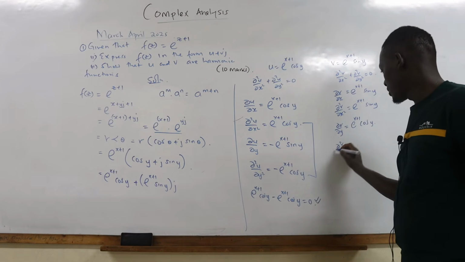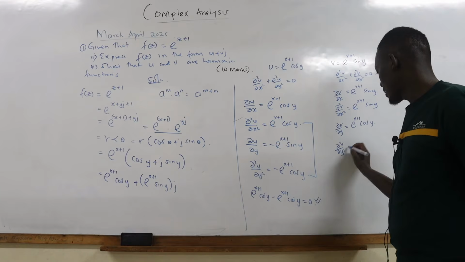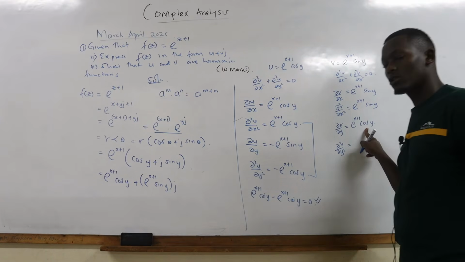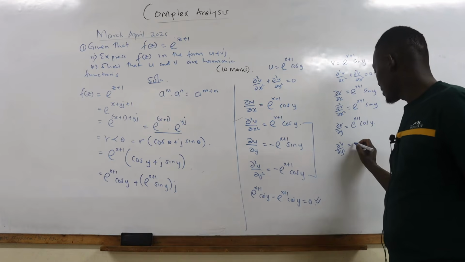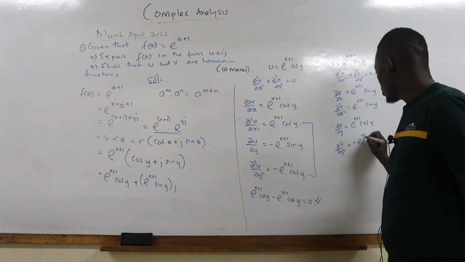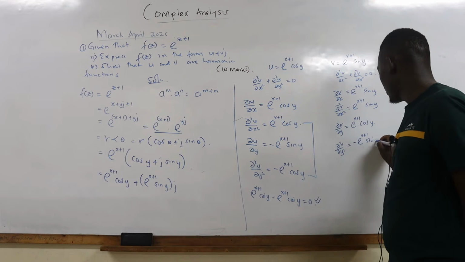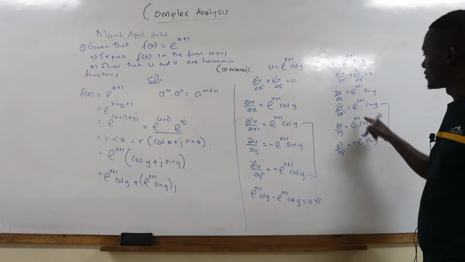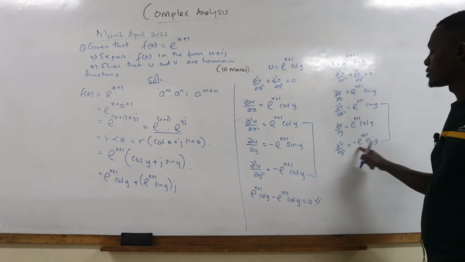Then d squared v dy squared. Now differentiate this one the second time. When you differentiate cos, you get negative sine. So negative exponent x plus 1, then sine of y. Now check the second derivative and the second derivative. This one is positive, this one is negative.